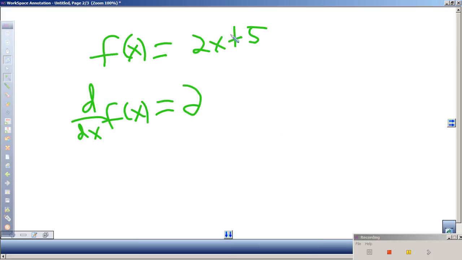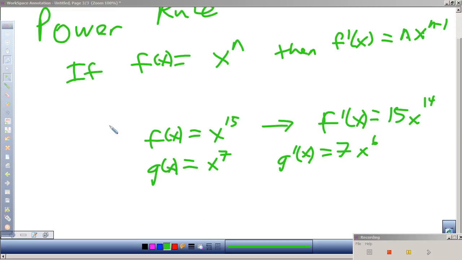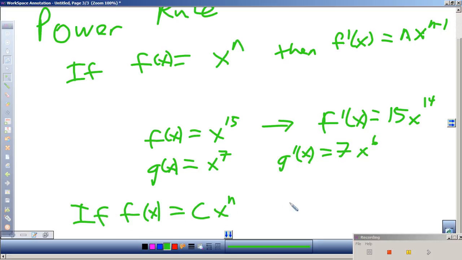What is the power on the x? 1. So, actually, before we go back, let's do one more corollary to this rule, or an add-on. If f of x equals cx to the n, then f prime of x equals ncx to the n minus 1.